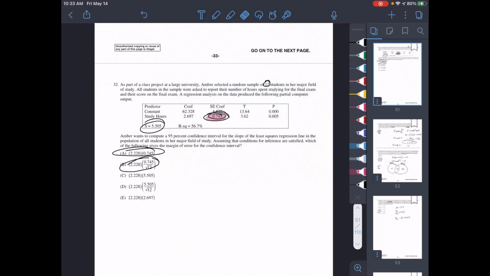I want to just briefly fix this, so I know I'm inserting this into the video, but if we are finding, for this question, Amber wants a 95% confidence interval for the slope of the least squares regression line. So if we're building a 95% confidence interval, we are going to be taking the slope, so I'm going to say B1 plus or minus our critical t-value, and for linear regression it's n minus 2, and then we want the standard error of the slope.